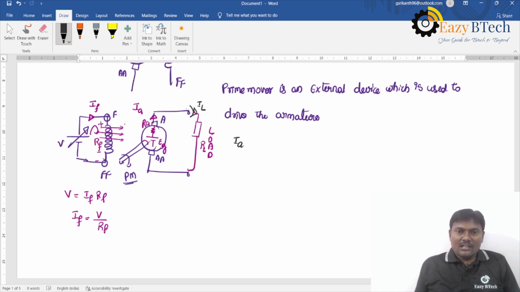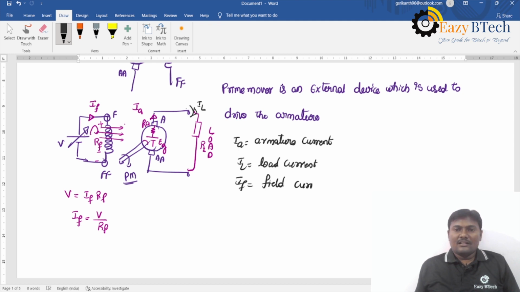So IA is the armature current, IL is called the load current, and IF is called the field current, and RF is the field resistance.